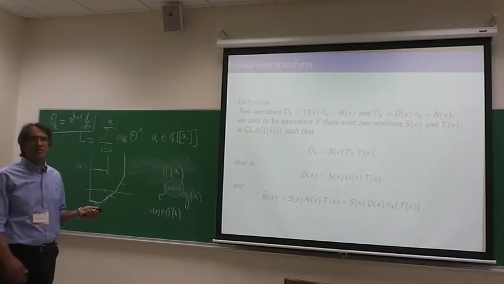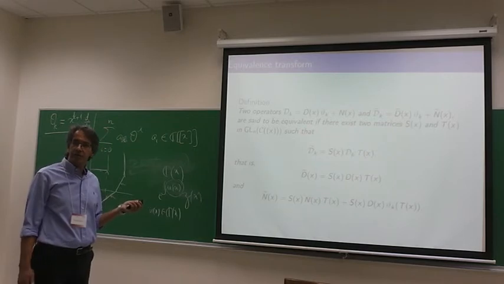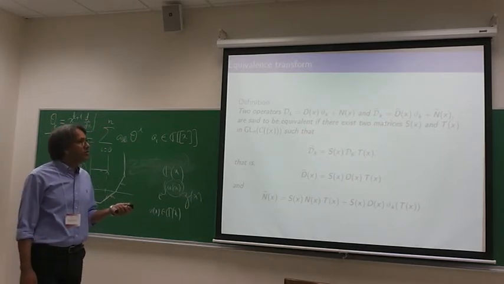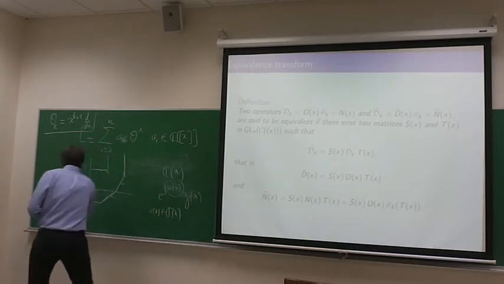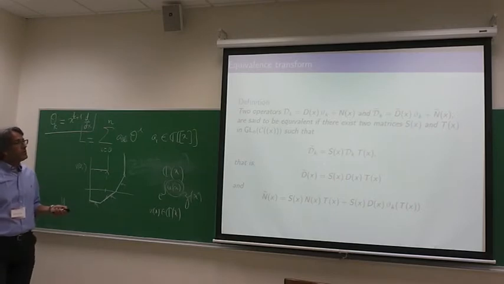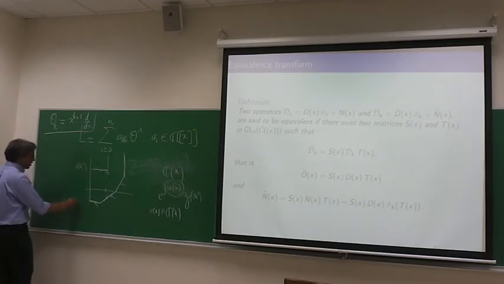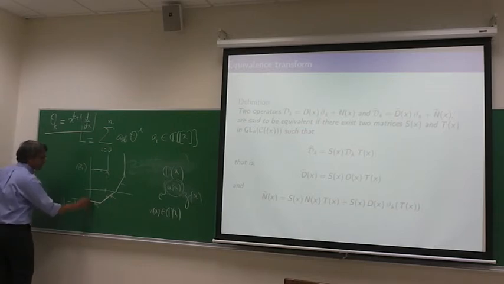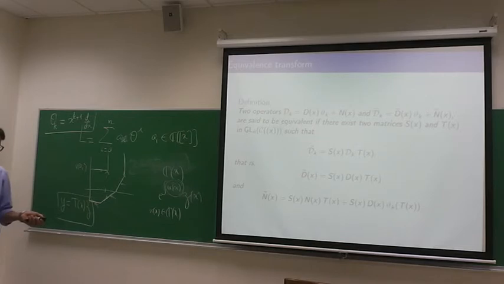This means you can multiply on the left by any invertible matrix, and you are allowed to do a change of basis. You have an unknown function y, so the multiplication by t on the right amounts to a change of unknown function, y equal t times. Okay.